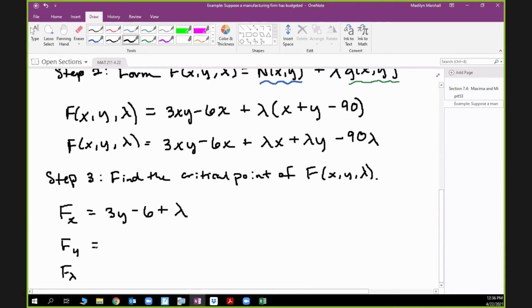And then 3x plus lambda. And then x plus y minus 90. Yes.